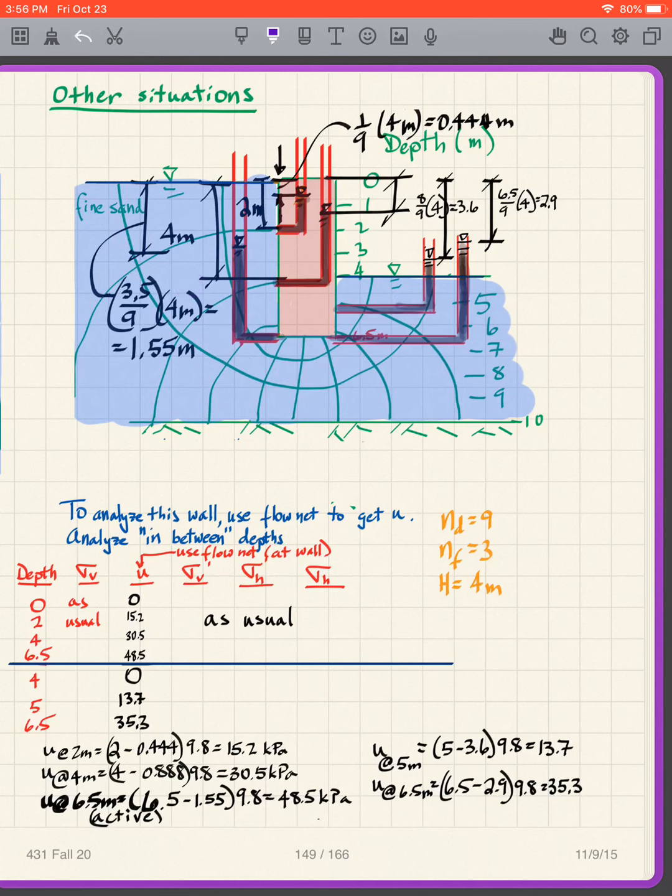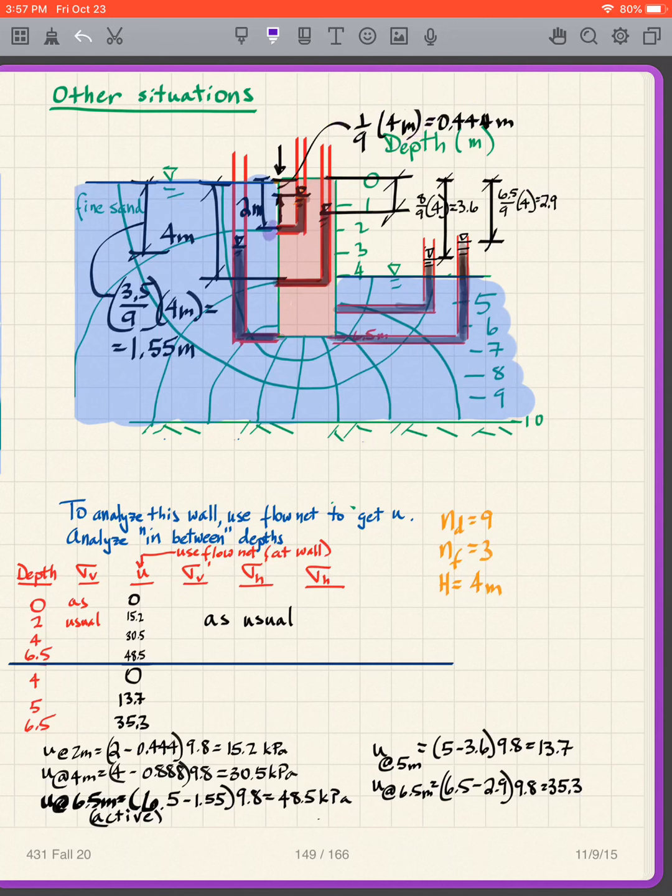That means that each square I drop 1/9 of the total drop. So the total drop here is 4 meters. That's my total drop because my water table is there, my water table is there, a drop of 4 meters. So each square in the flow net drops 1/9 of 4 meters, which is 0.44 meters.